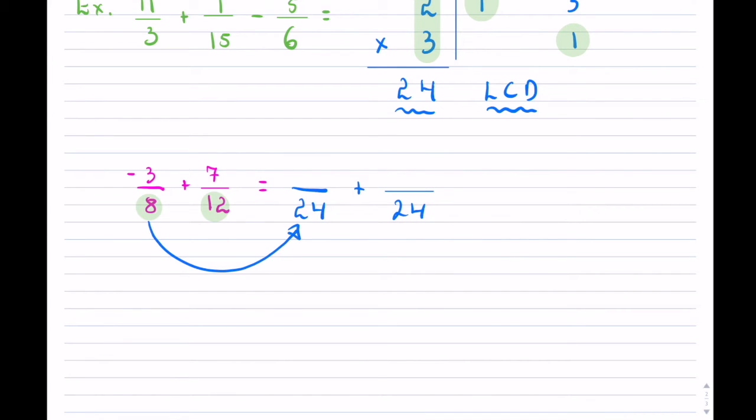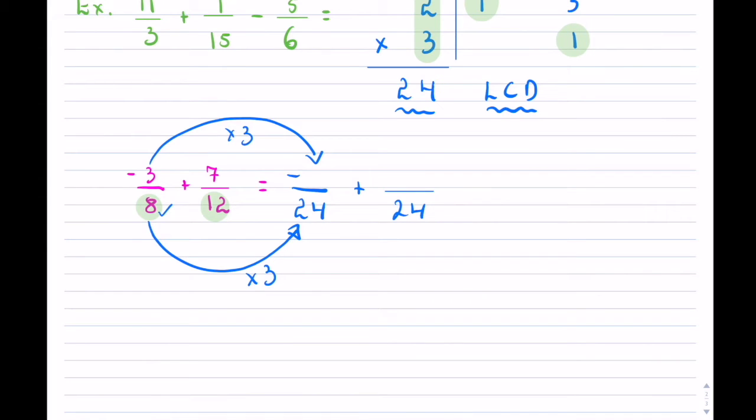So once you have that lowest common denominator, what you do is you take 24 and first you divide it by 8. And that just gives you a multiplier, meaning 8 times 3 gives you 24. And I need that because if I changed 8 to 24, I have to change the negative 3 as well. And I have to multiply it by the same multiplier, which is 3.